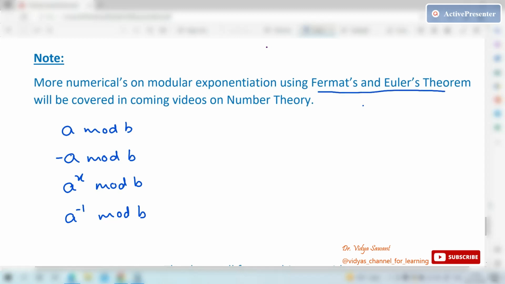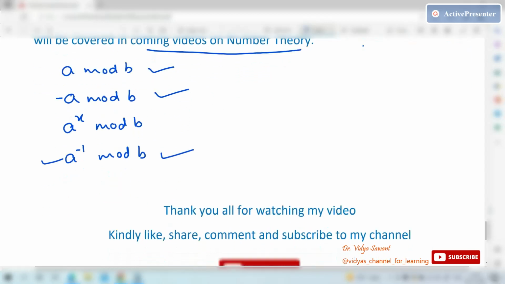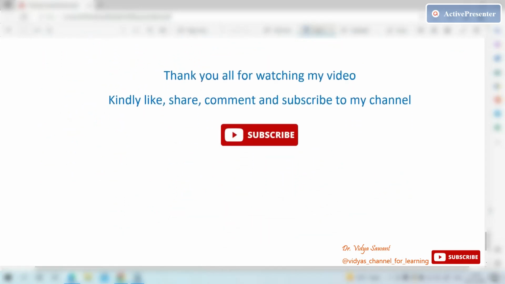However, we can solve a modular exponentiation question using Fermat's theorem and Euler's theorem also, which I will be covering in the coming videos which I'll make on number theory. As of now, I would require how to find A mod B, minus A mod B, and A inverse mod B when I will be discussing the questions on Caesar cipher, Vigenère cipher and affine cipher. So I have covered these. In the coming video, I'll be discussing how to solve numericals on A inverse mod B.